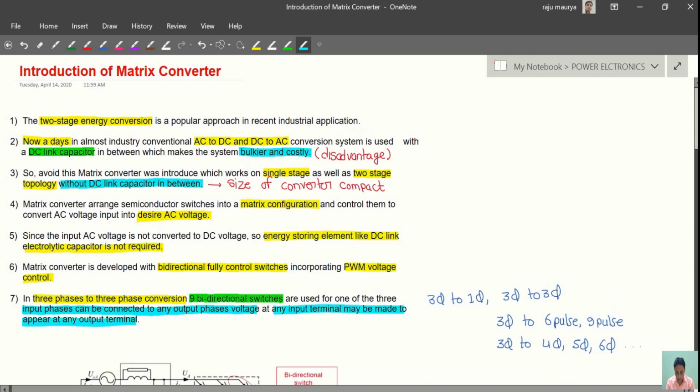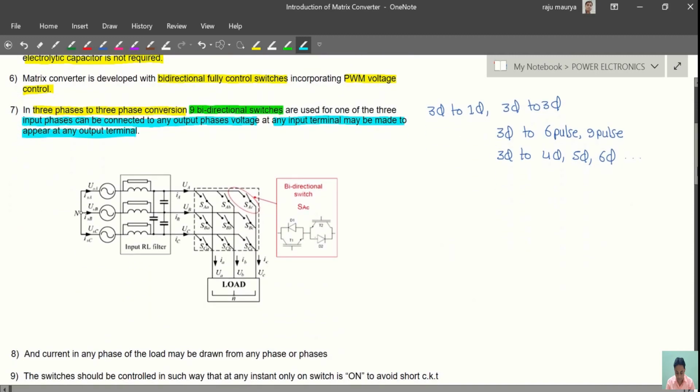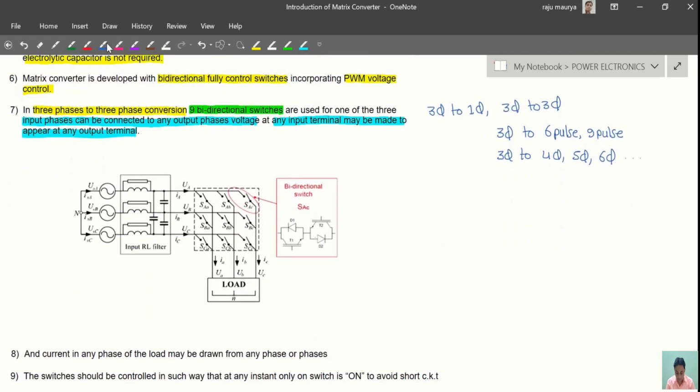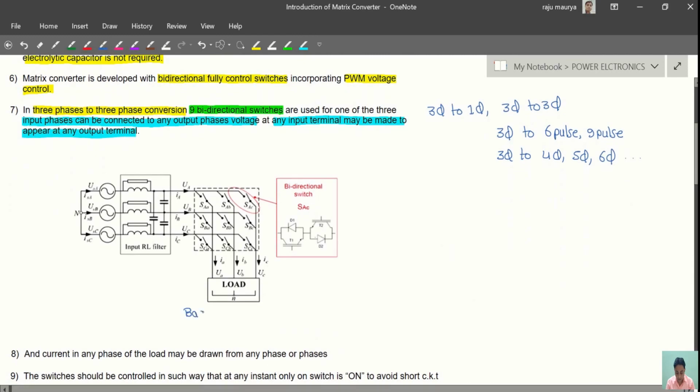And this is the basic diagram of a matrix converter, having nine switches for 3-phase to 3-phase conversion. This one is a bidirectional switch, and this is its representation. 2 diodes are used for feedback purposes and 2 control devices are used to control.